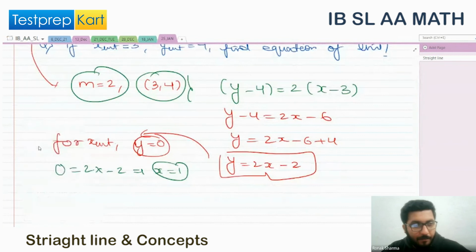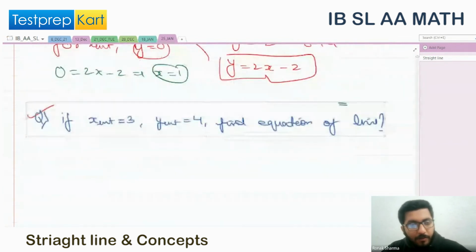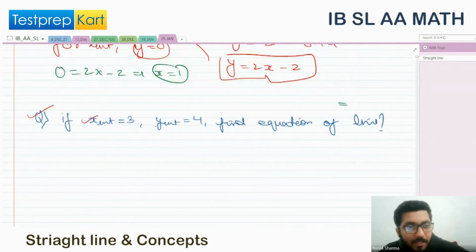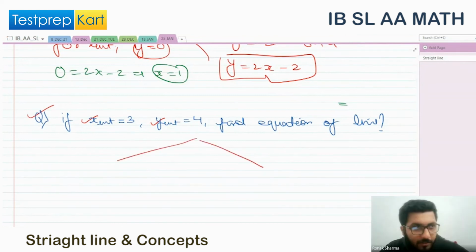See, we want the equation of the line, but what they have given us are the x-intercept and the y-intercept. So there are two ways. Actually, you'll like the second way first, but I'll explain the first way. Let's say method one.